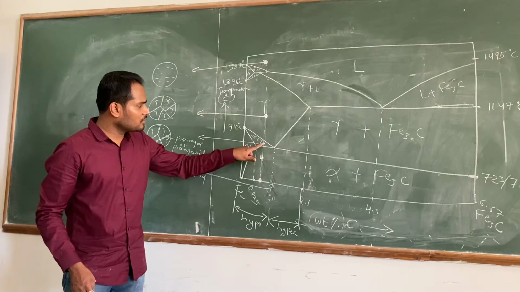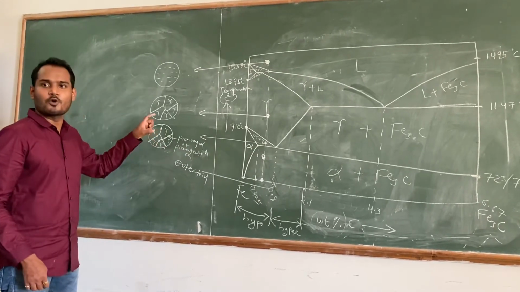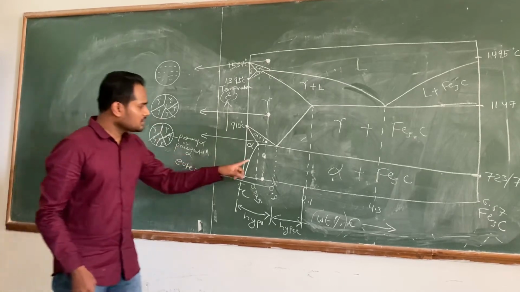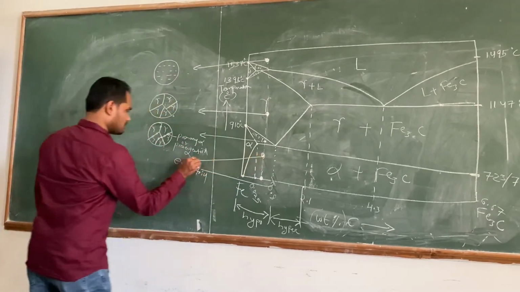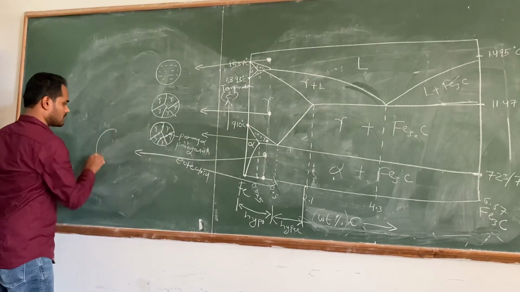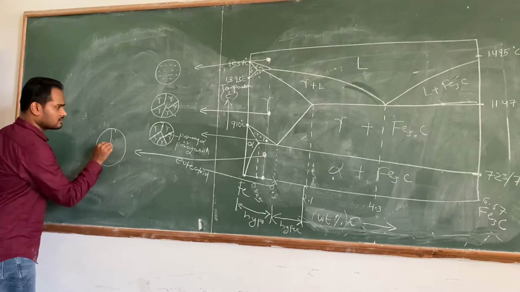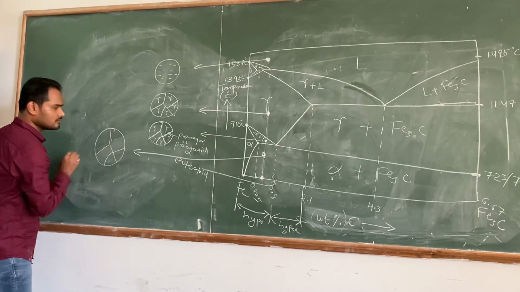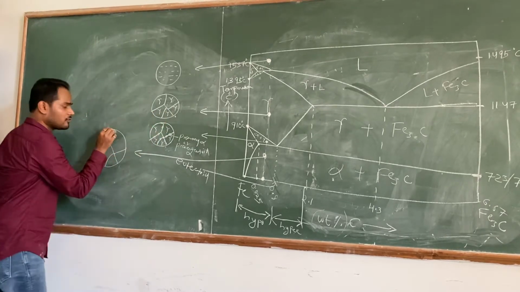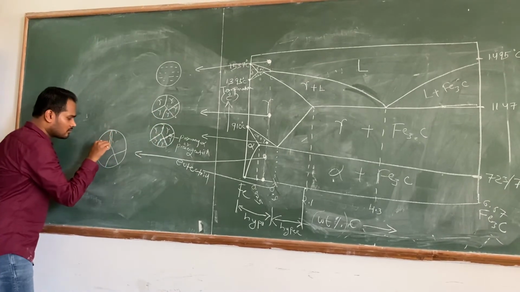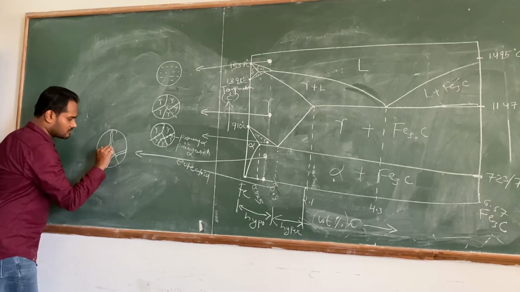Then you are going below this. What will happen? This alpha phase will grow along the grain boundaries. So at this point, suppose I want to draw the microstructure. I will take a circle. Again I have grains, and I told you this proeutectoid phase will grow. So you can draw it like this.